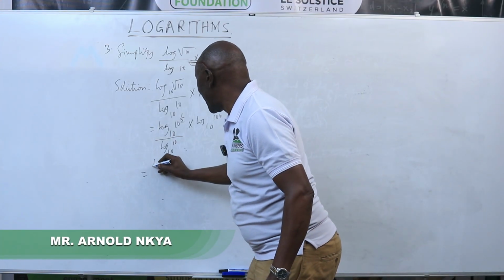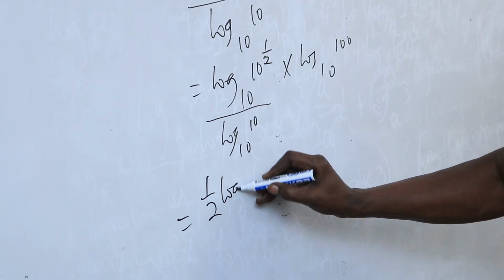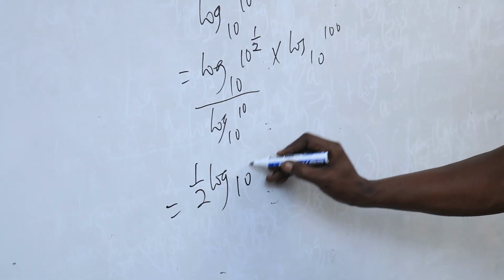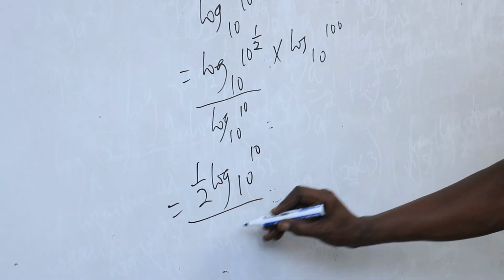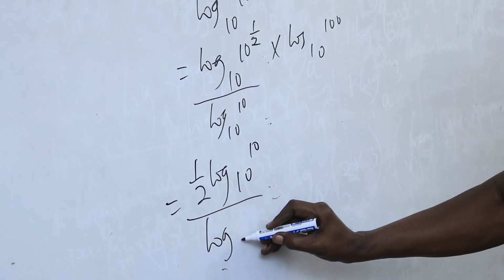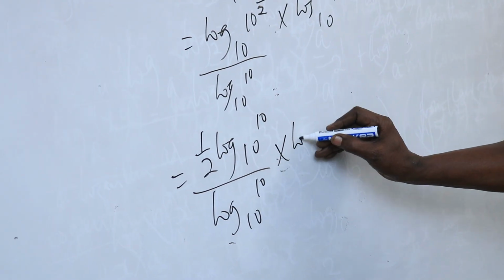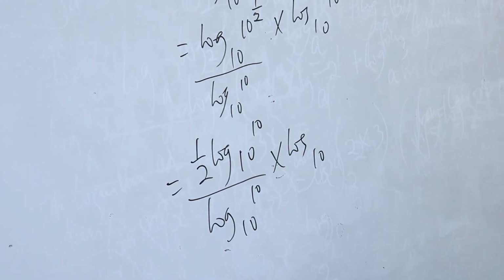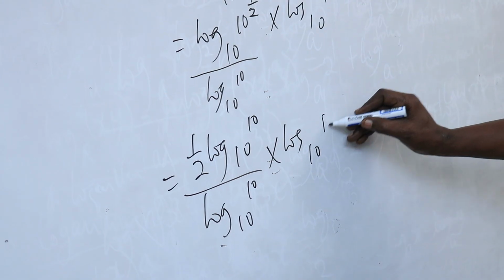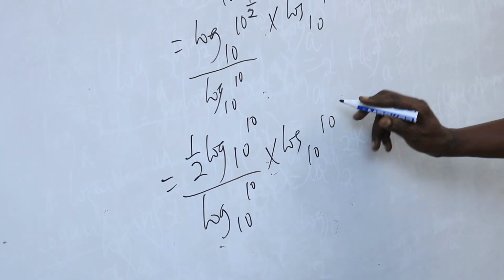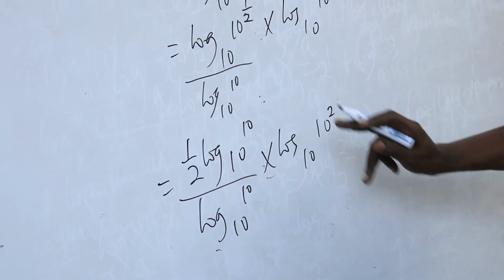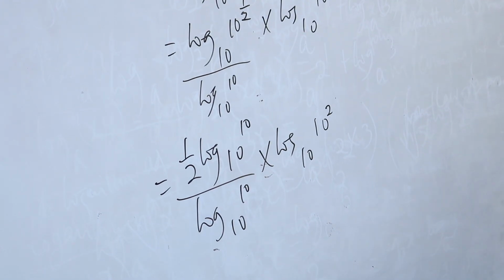This is the same as a half log 10 over log 10 base 10 times log 100, and 100 can be written as 10 exponent 2.